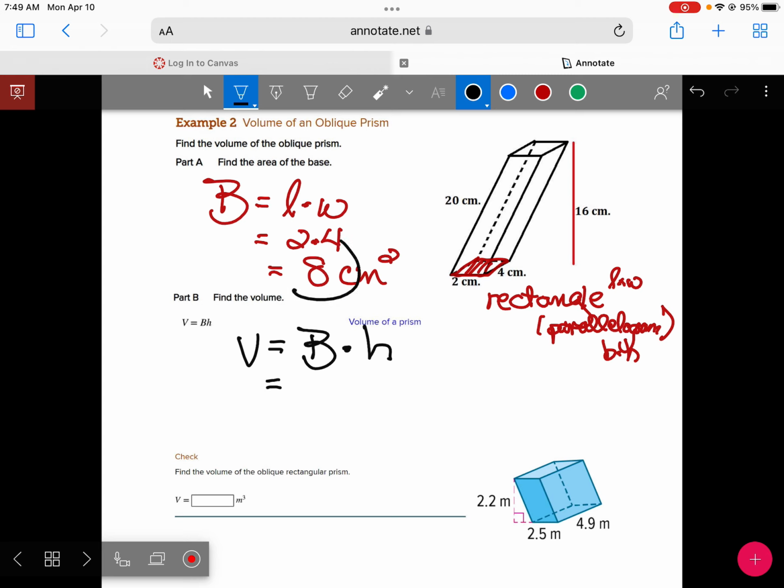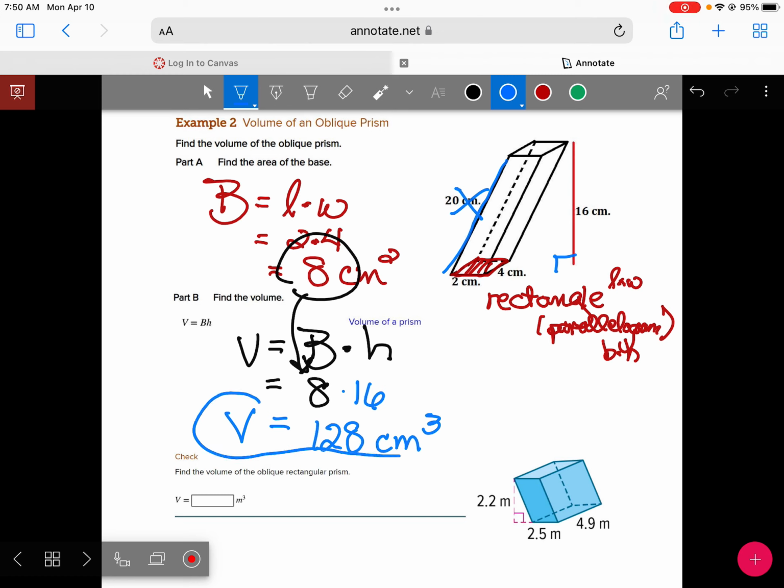Area of the base, here's my 8. Substitute that in for your capital B. Times your perpendicular height. We don't want our slant height. Has to be perpendicular. So times 16 is equal to 128 centimeters cubed. That is your volume.